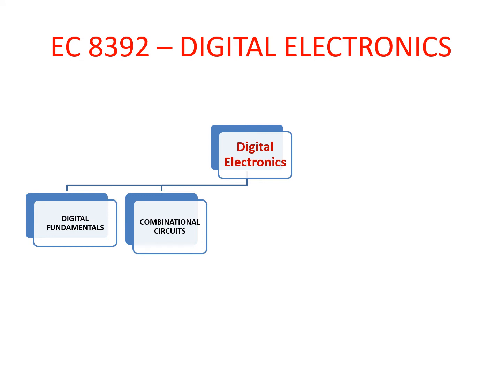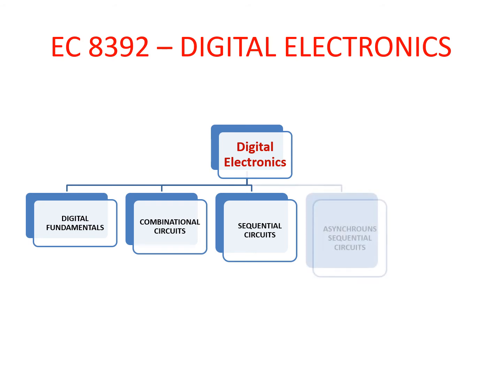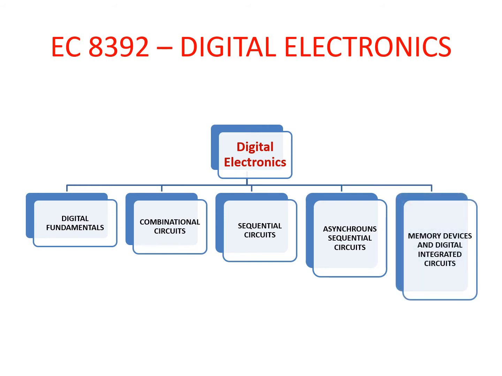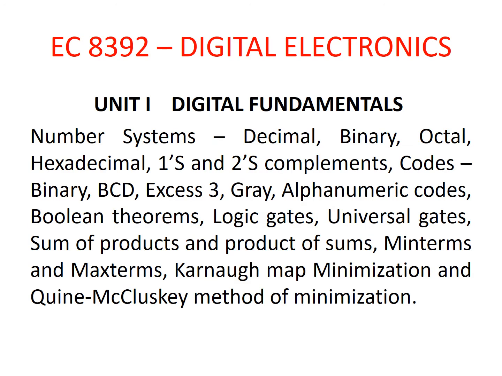The third one is sequential circuit, where some memory comes into the circuit, so that circuit is called a sequential circuit. We are going to study the design of sequential circuits. Then the fourth unit is asynchronous sequential circuits. The fifth unit is memory devices and digital integrated circuits. These are the things we are going to study in digital electronics.